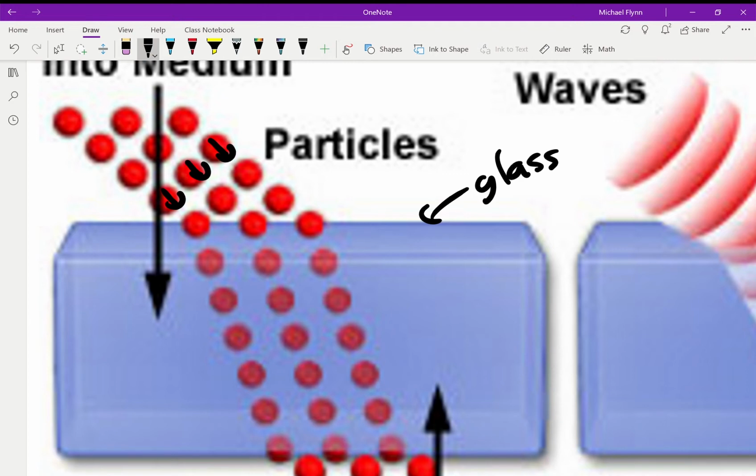According to Newton, it's all about gravity. Of course, he's kind of the expert on gravity, isn't he? That's his whole thing. So he uses his knowledge of gravity and says, look, when the light particles are moving through air, the air molecules, well, he doesn't really know about molecules, but he knew about density.